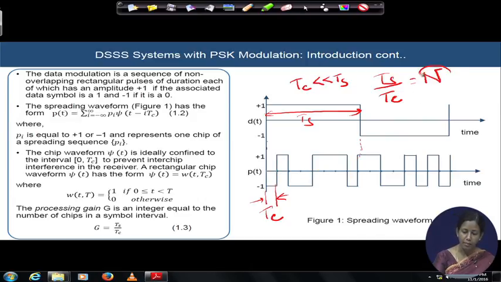This number N, Ts by Tc, is a very important parameter in spread spectrum communication design. We usually call it the processing gain, and it is usually denoted by G. It says within the symbol duration how many chips you are designing for transmission. Basically, the 1 bit of data is now spread over these N number of chips.